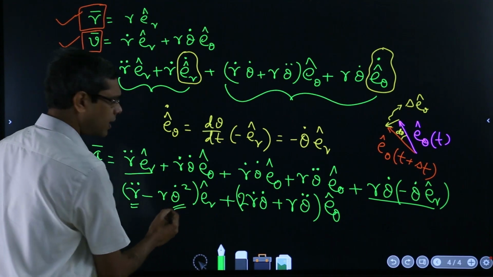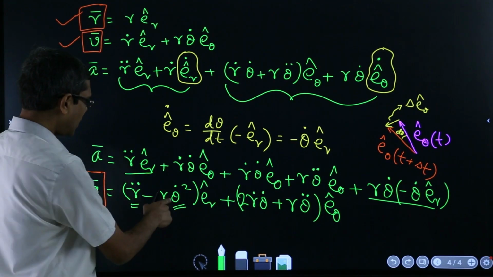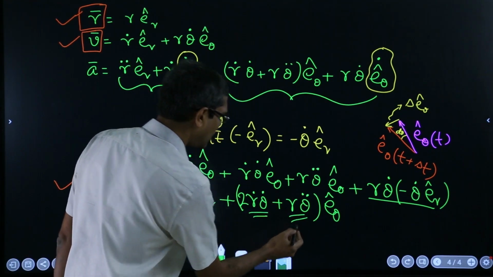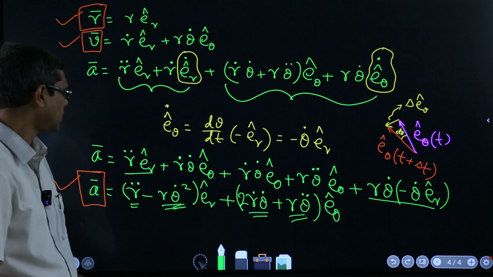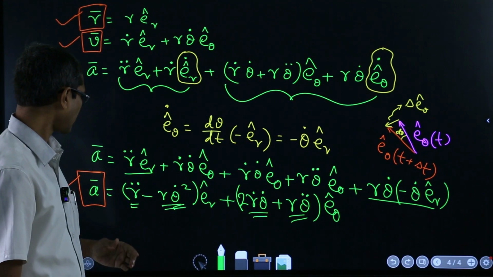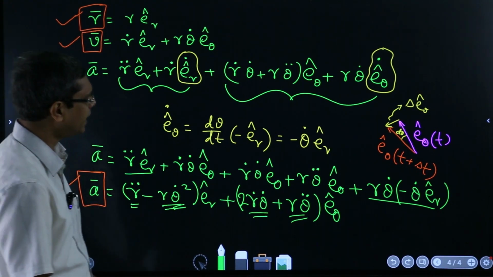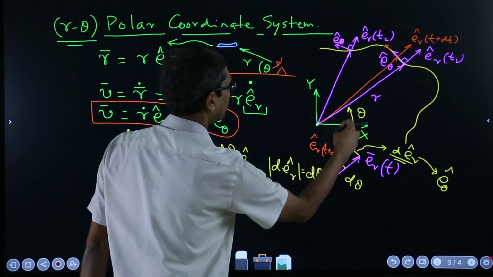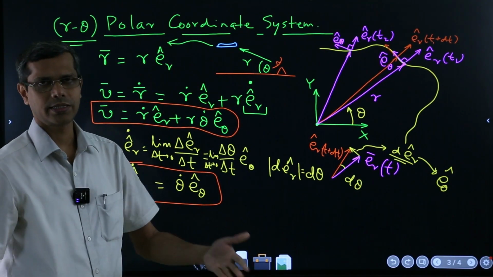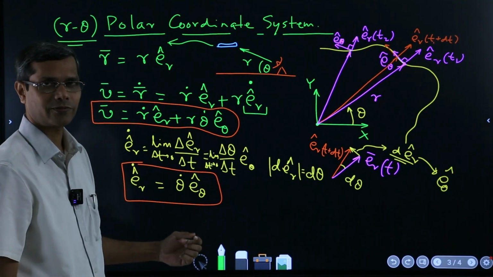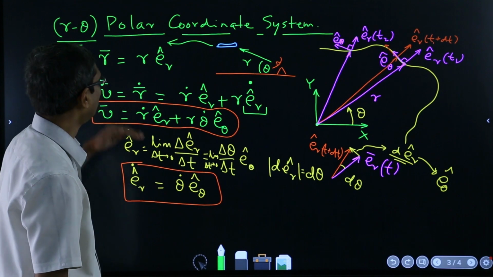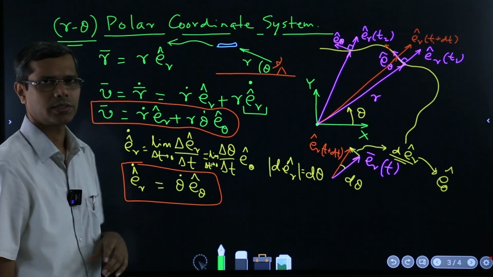Similarly, you are measuring theta as a function of time, so you can evaluate this. So all these terms can immediately be calculated from the measured values, and then you know er, e theta, so you can simply calculate acceleration, and then convert these er, e theta to the xy coordinate, and you have in i, j unit vectors at any instant of time if you want it in the Cartesian coordinate system. So that is the whole story about the Cartesian and the polar coordinate system.